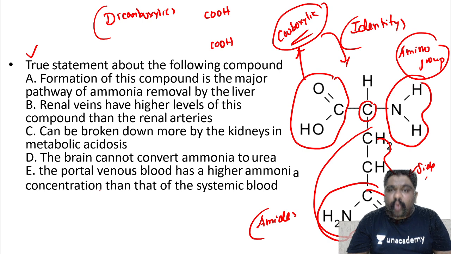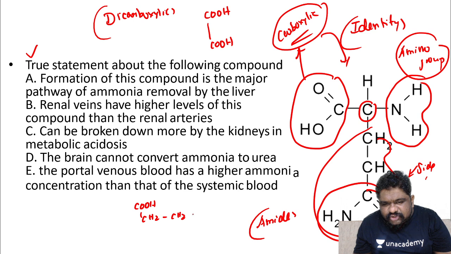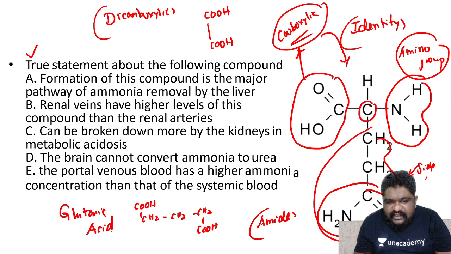So right now what you're looking at is an amino acid, and here look at the dicarboxylic acids. This structure, COOH, CH2, CH2, CH2, COOH, is called glutaric acid.